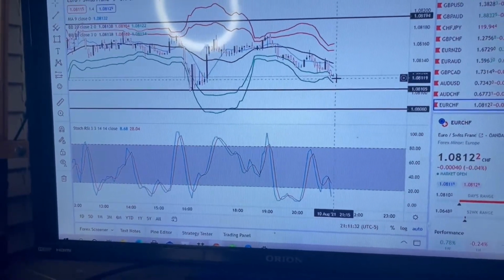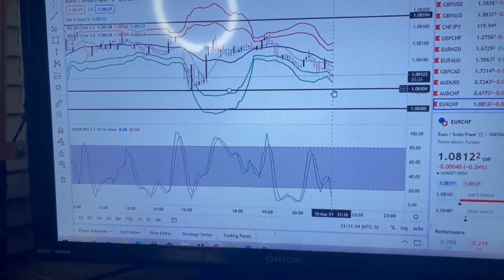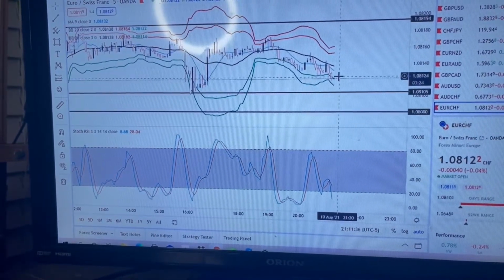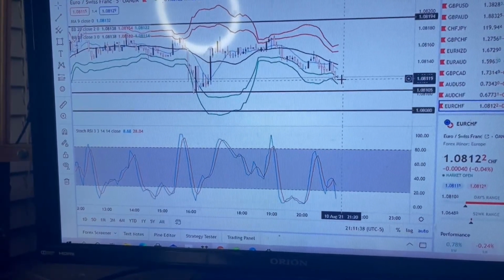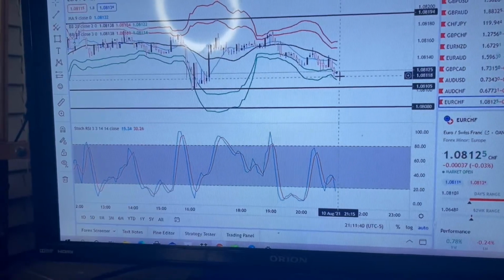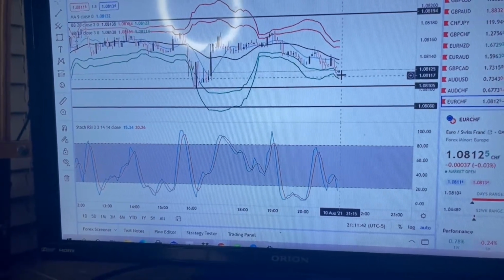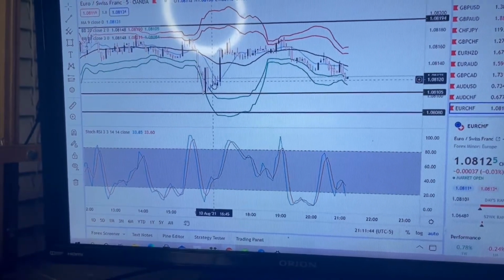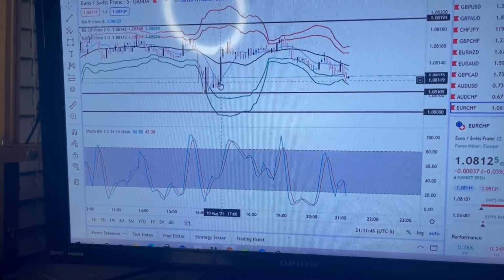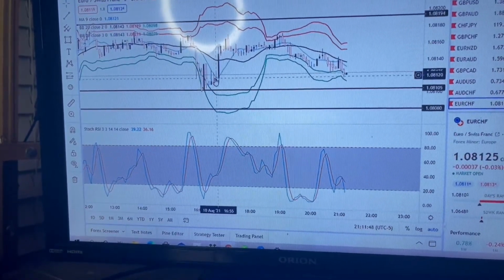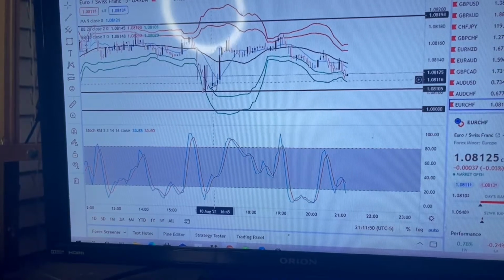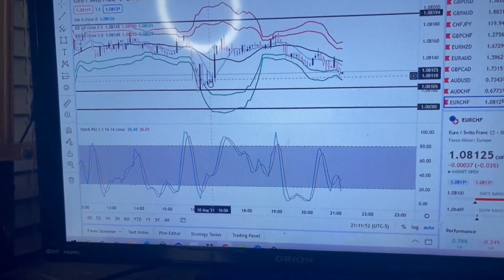So although my support line is not marked up right here, all you have to do is look at where it has come down to in the past, and you can see over here it gets wicked out a lot. Like, it's kind of weak right here and don't know which direction it want to go.